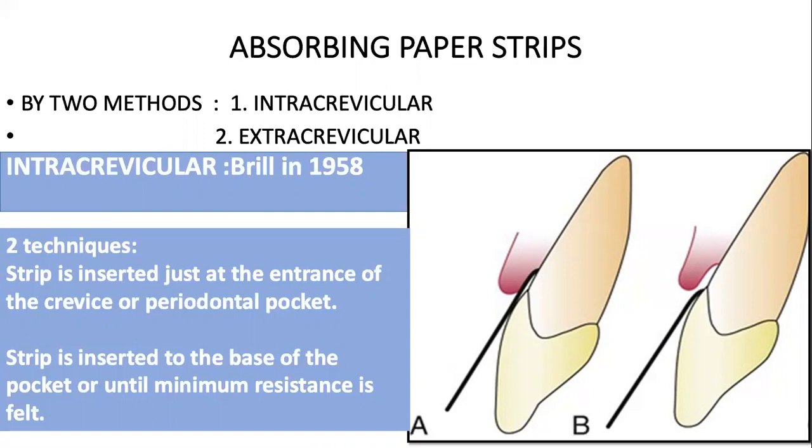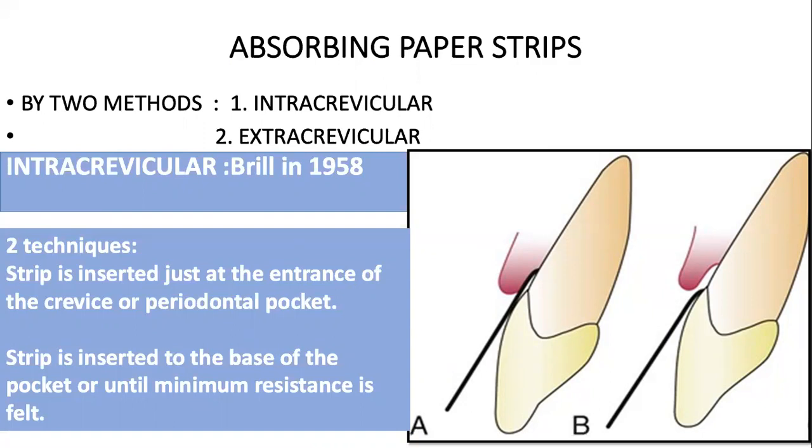Let's see how. Brill in the year 1958 gave the intracrevicular method. Intracrevicular, the name itself suggests that the absorbent paper strip or the filter paper strip is introduced within the sulcus. If they are introduced within the sulcus, what will be the drawback?